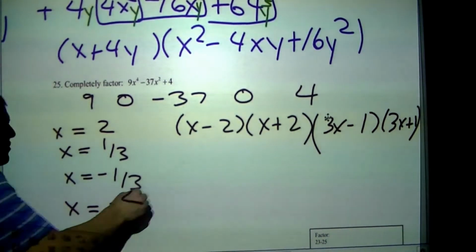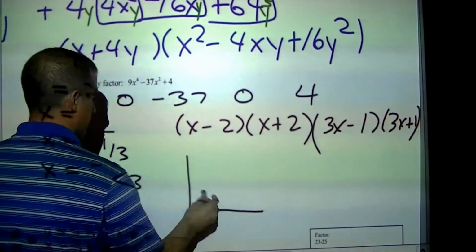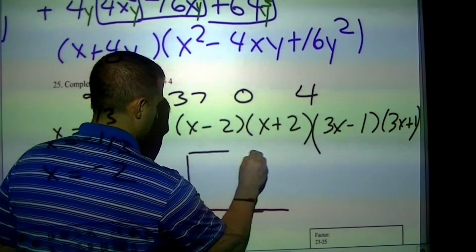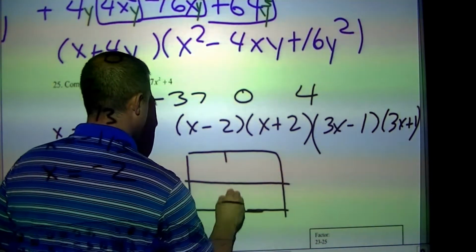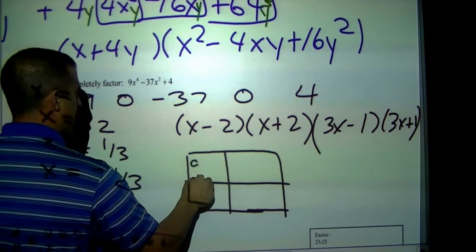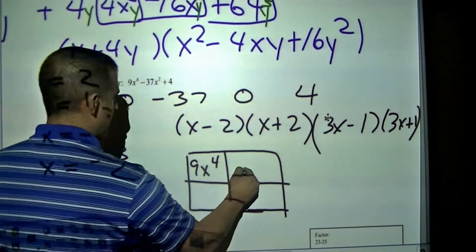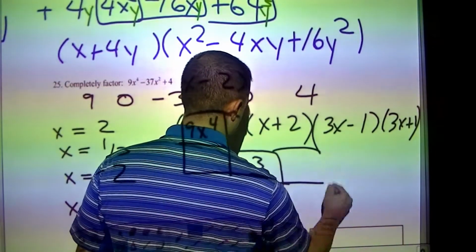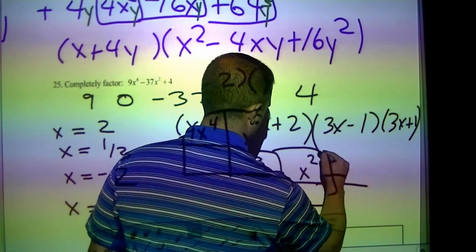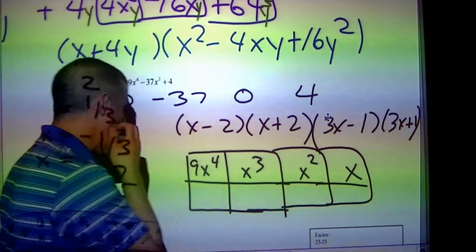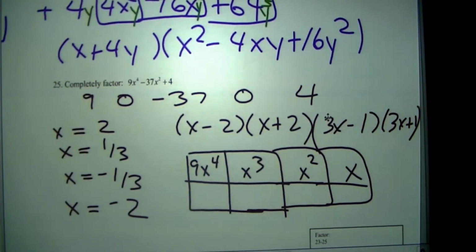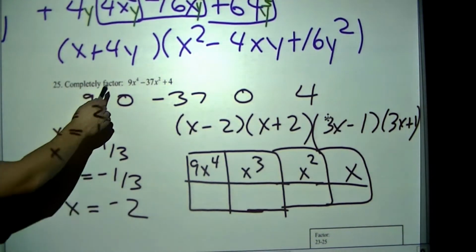If you want to use the boxes for this, okay, if you want to use the boxes for this, all right, I got 9x4, okay? All right, I got 9x4. That means I'm going to have an x cubed, an x squared, an x, okay? All right? Okay, so you could do this very similar.